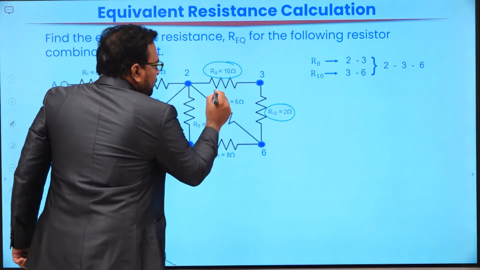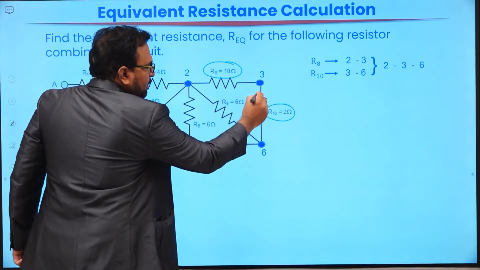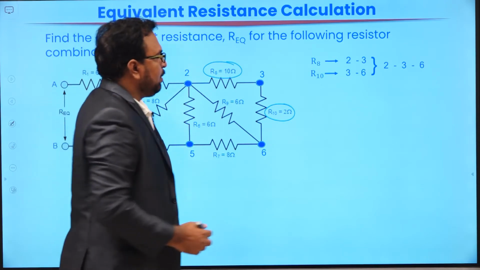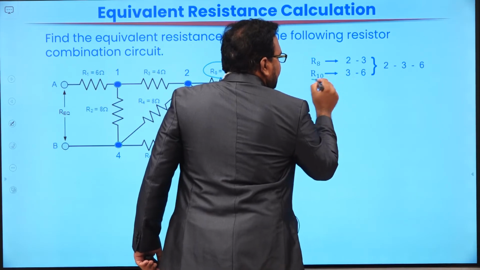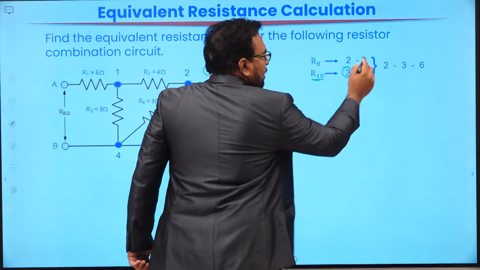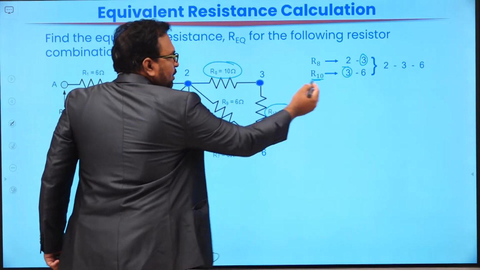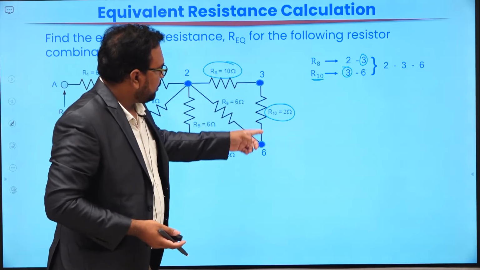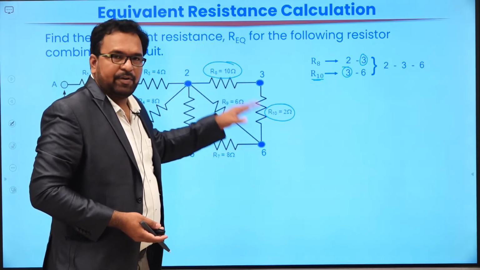That means if you allow some current through R10, the 10 ohm resistor, the same current will flow through the 2 ohm resistor also, because the starting node of R10 is the same as the ending node of R8, and there is no other branch or element connected to node 3. That means the same current flows through these two resistors. Then we say they are in series. That's how you identify it.